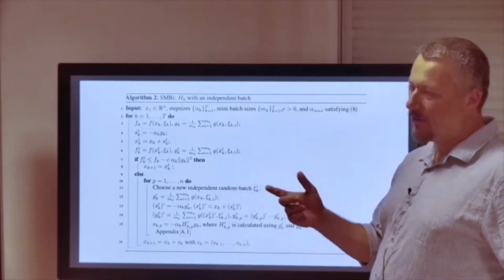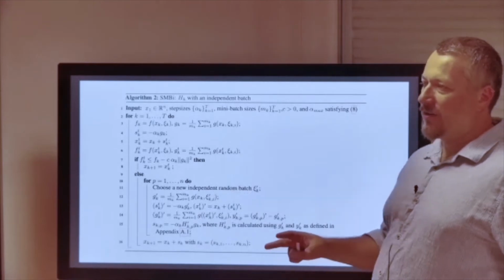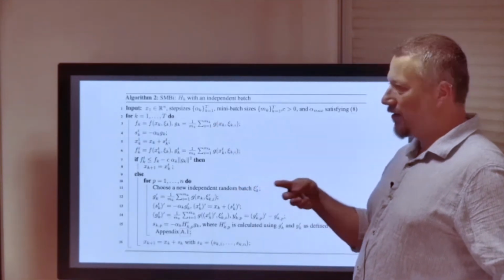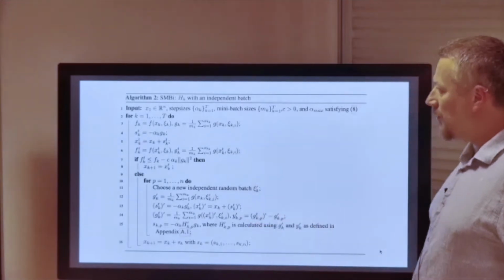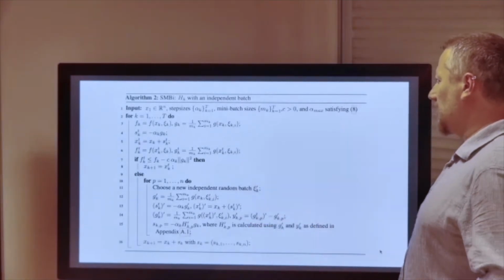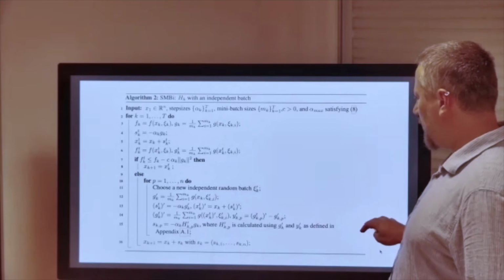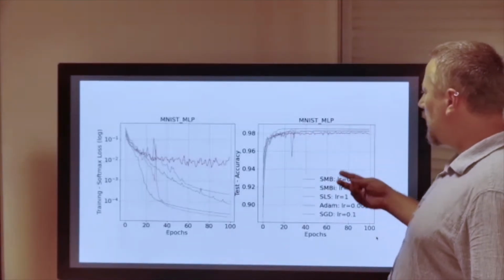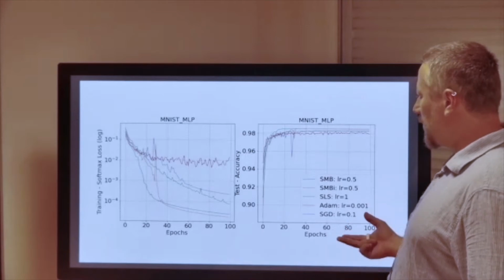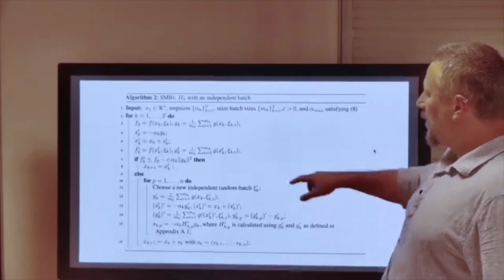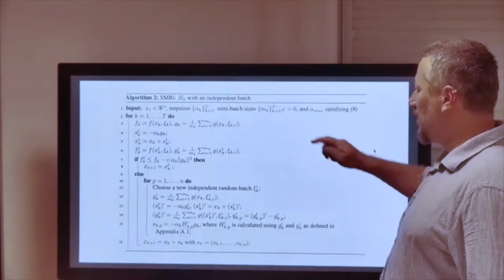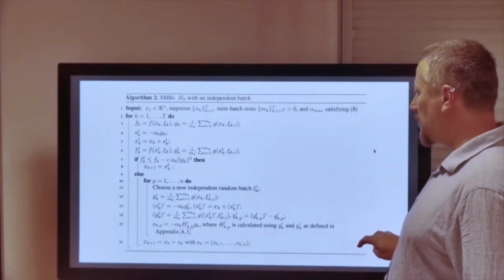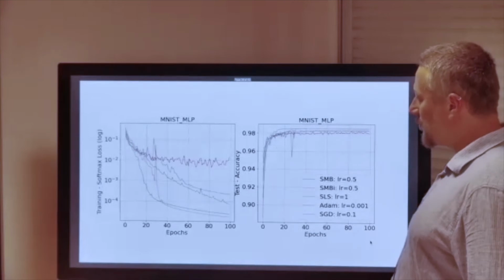In that case, now your matrix is independent of your GK, and then the proof works the same. So it falls into this framework. And now you have a little bit different algorithm. Let's call this SMBI, where I stands for independent, where you calculate HK with an independent batch.